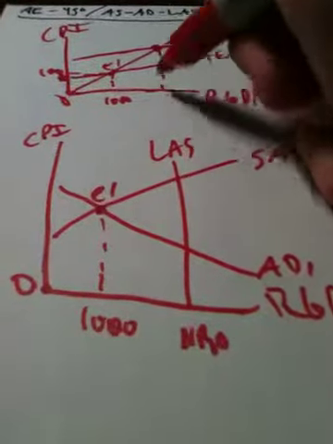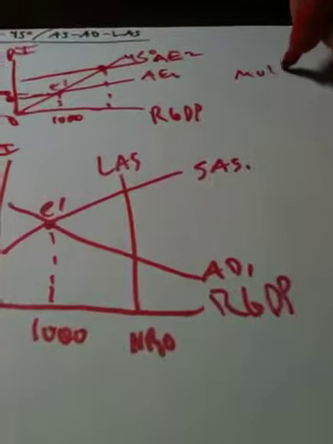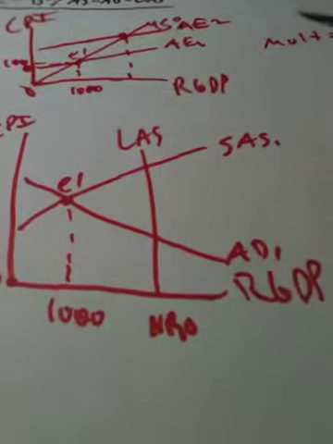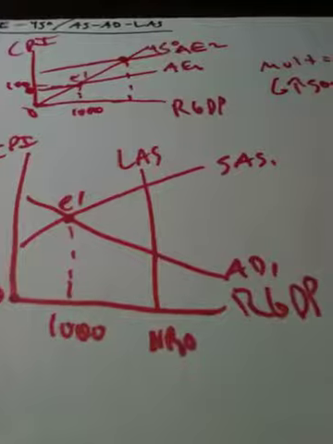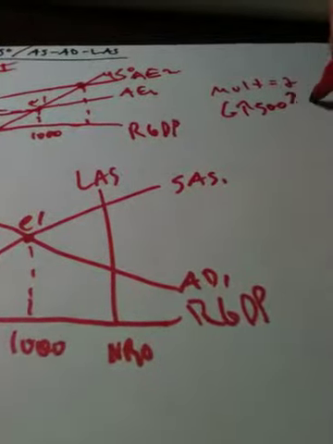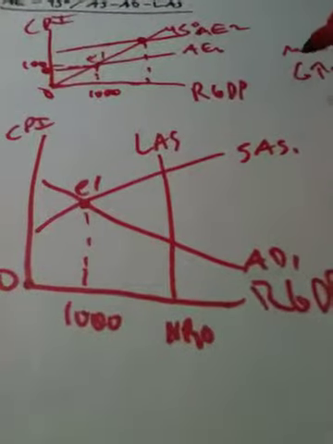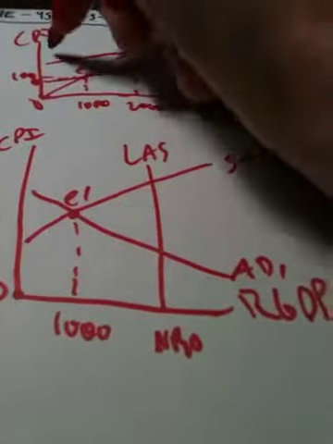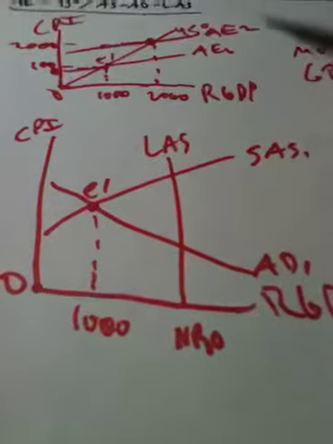Let's say the multiplier is 2, and let's say government spending increases by 500. So 500 times 2 equals 1,000. So this will increase by 1,000, so to 2,000. And this will therefore increase to 2,000 as well.